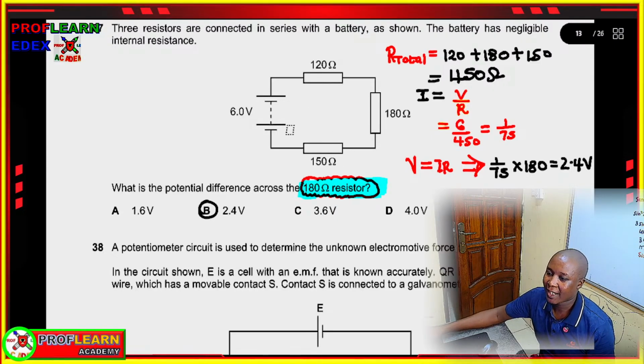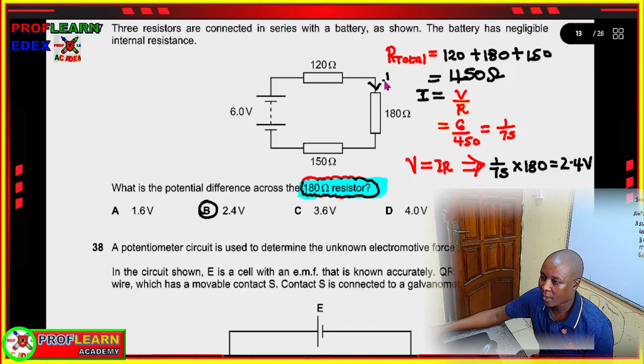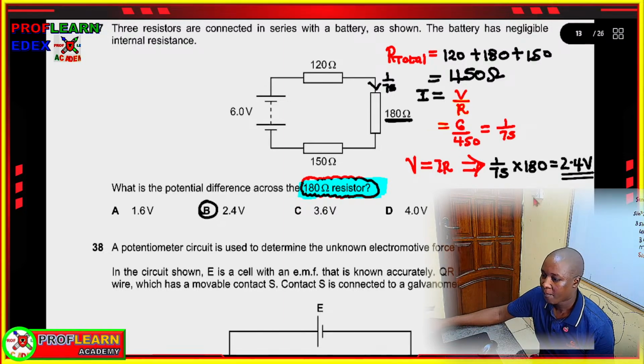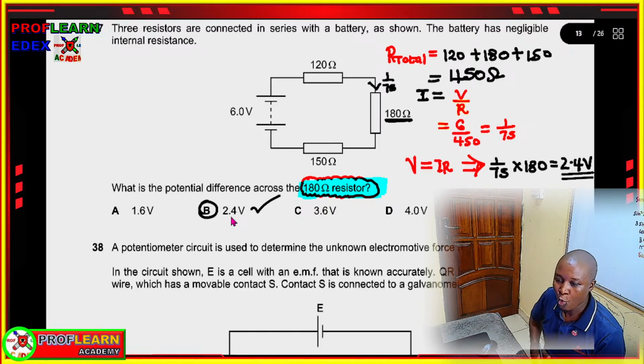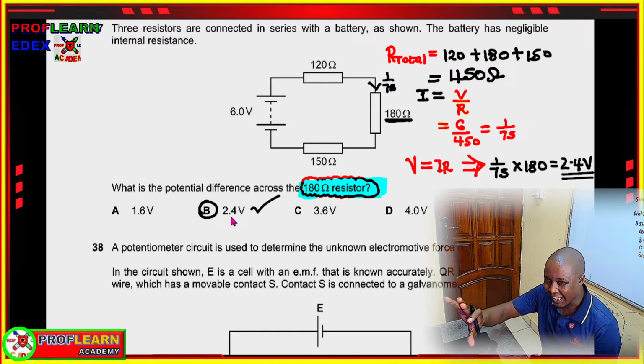The current that is going to flow is the same for every component, so the current passing through this resistor here is 1 over 75. So if you take the current times the resistance, you are going to get 2.4, and then you will smile out of the exam room after scooping that whooping 1 mark for just doing this.